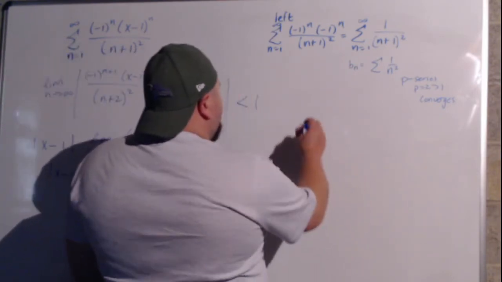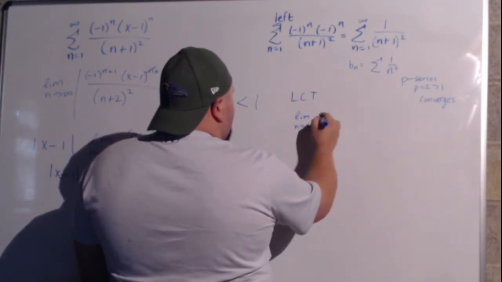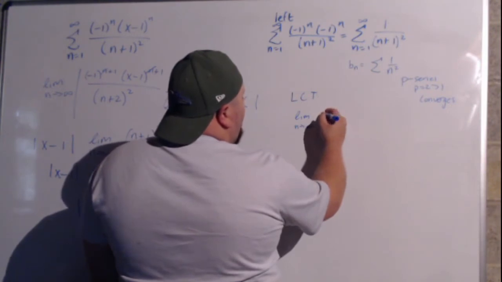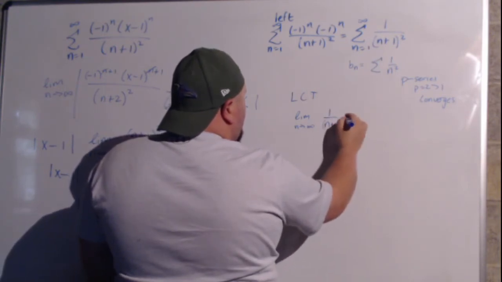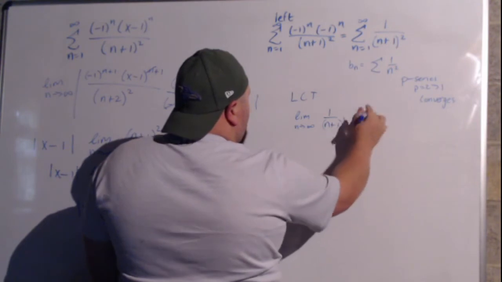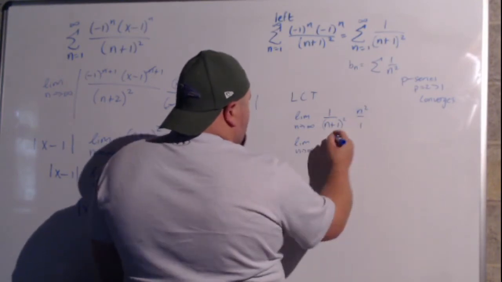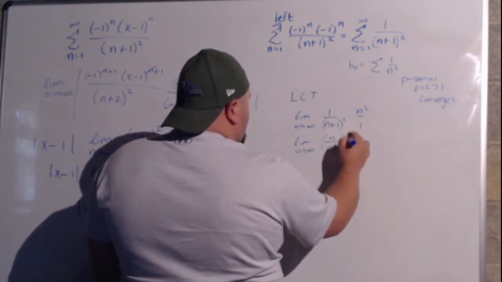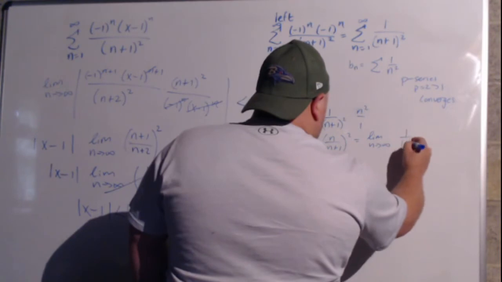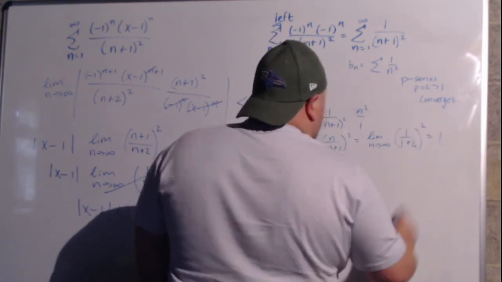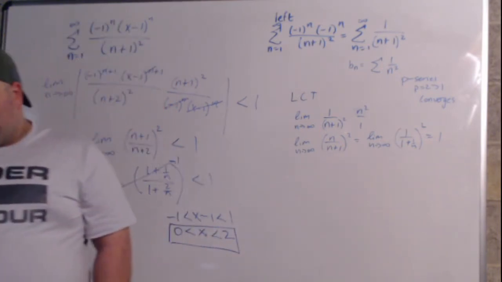So if we do the limit comparison, the limit as n approaches infinity of a_n over b_n, then I get n squared over (n + 1) all squared, divide through by n, and then it all comes out as 1. So what are the rules of limit comparison tests? Anybody remember?